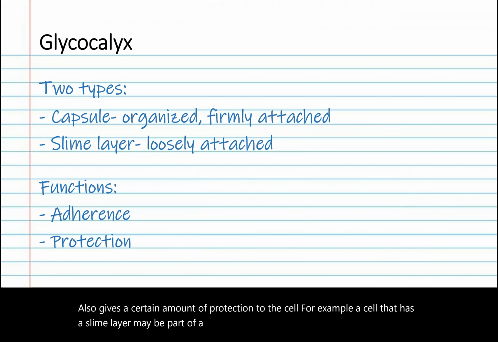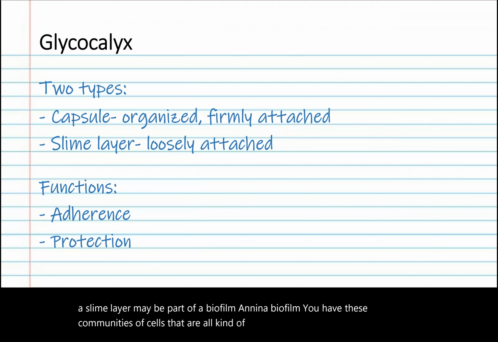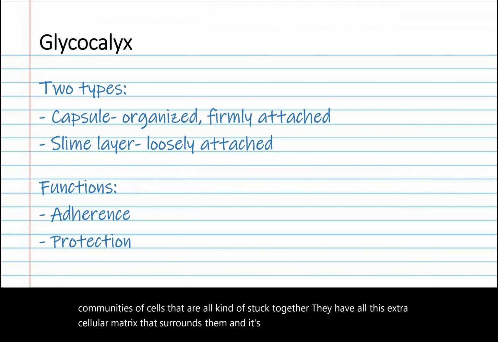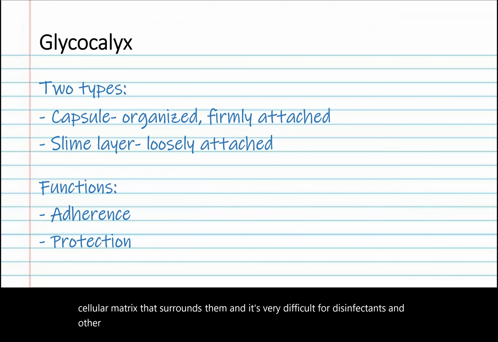And in a biofilm, you have these communities of cells that are all kind of stuck together. They have all this extracellular matrix that surrounds them, and it's very difficult for disinfectants and other substances, even antibiotics, to penetrate into the biofilm. Part of that is due to those slime layers in that glycocalyx.